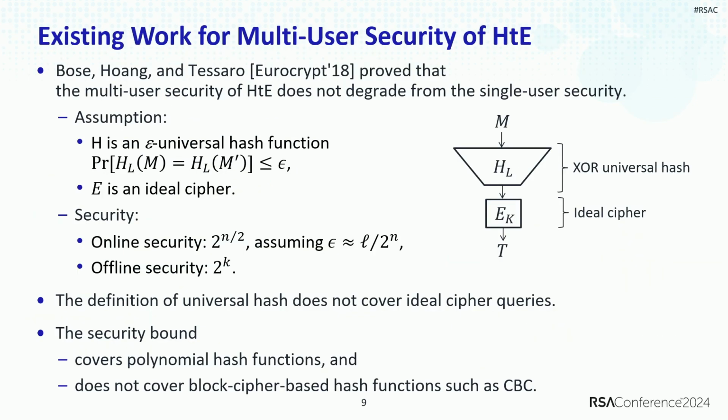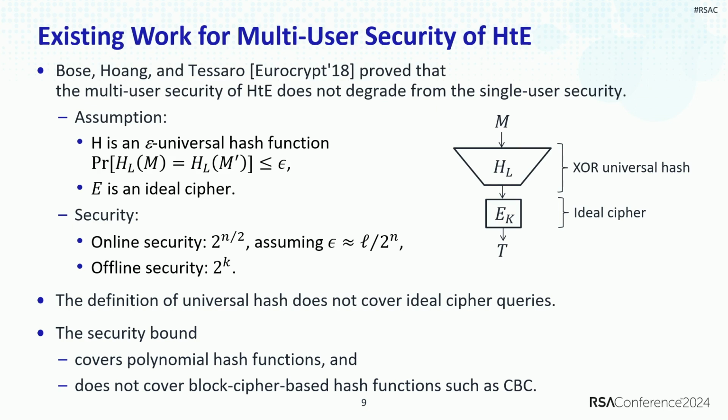Regarding existing work for multi-user security in the ideal cipher model, Bellare et al. proved that the multi-user security of HT does not degrade from the single-user security. Their proof assumes that the underlying hash function is an epsilon-universal hash function, which means that the collision probability is bounded by epsilon.